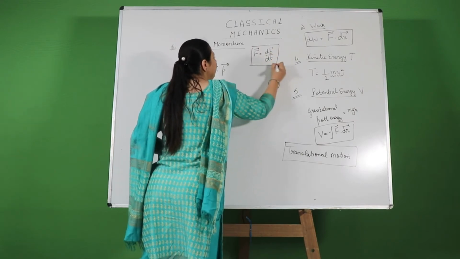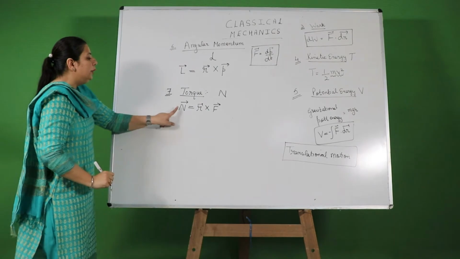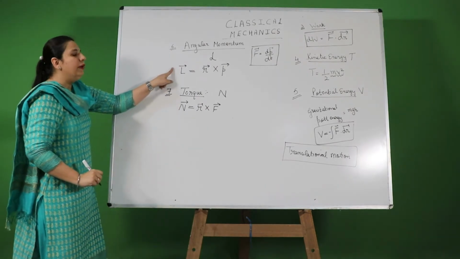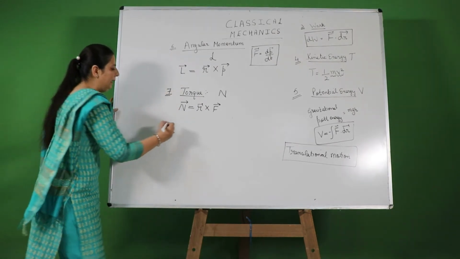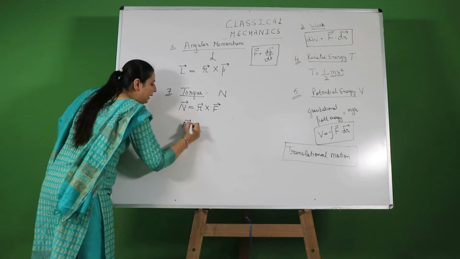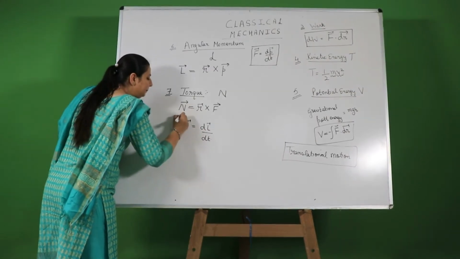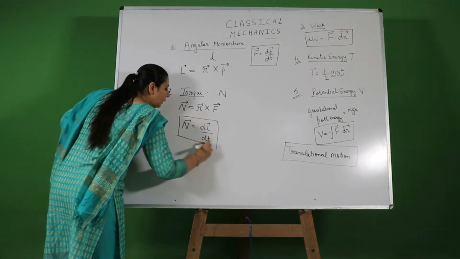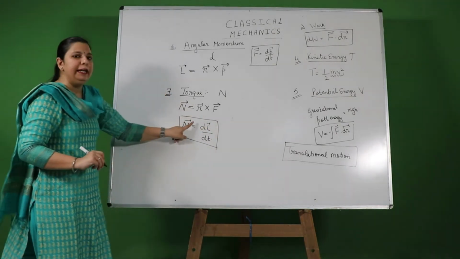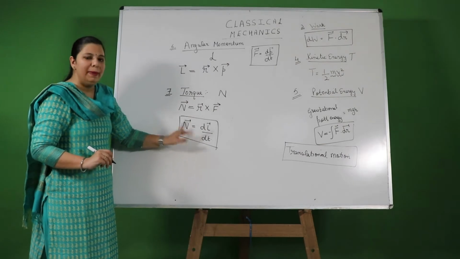So similarly we can write torque equals the rate of change of angular momentum, that is N equals dL upon dt. That is, torque is the rate of change of angular momentum.